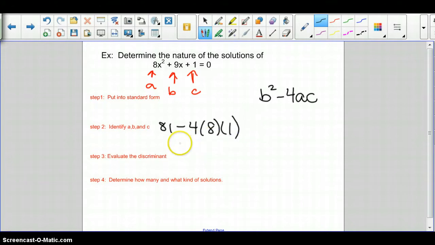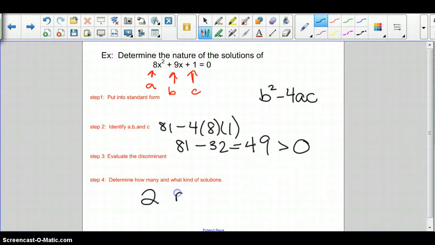Then we can simplify this to 81 minus 32, which equals 49. And 49 is greater than 0. So to determine how many and what kind of solutions, we will say, since the discriminant is greater than 0, we will have 2 real solutions.